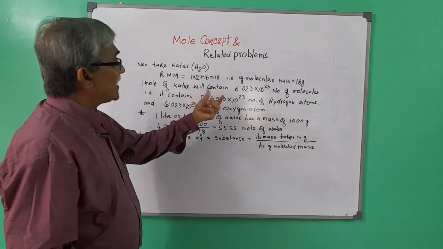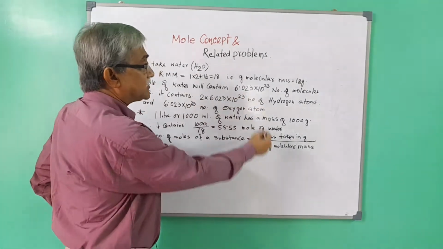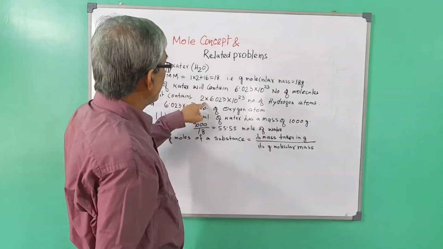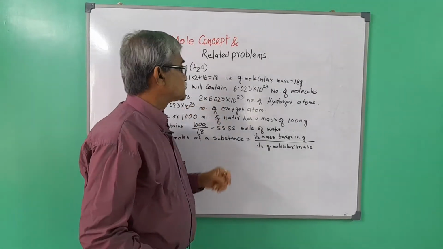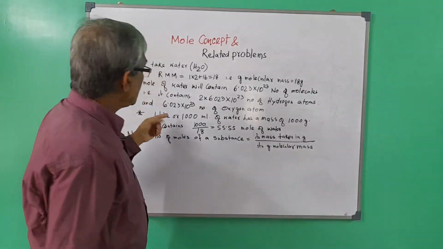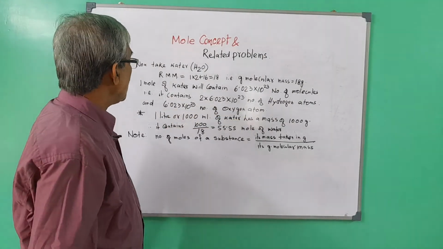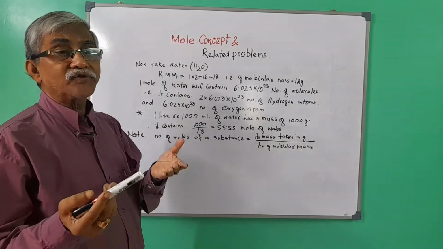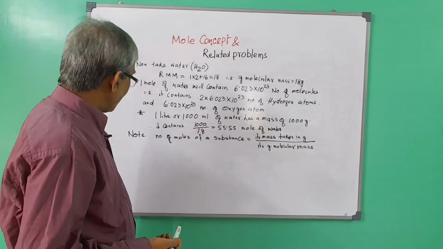Now 1 mole of water will contain 6.023 into 10 to the power 23 molecules. That is, it contains 2 into 6.023 into 10 to the power 23 hydrogen atoms, since there are 2 hydrogen atoms, and 6.023 into 10 to the power 23 oxygen atoms. 1 liter or 1000 ml of water has a mass of 1000 gram.